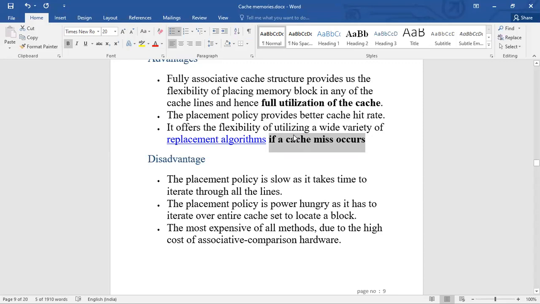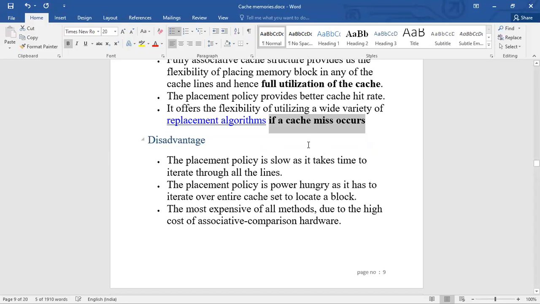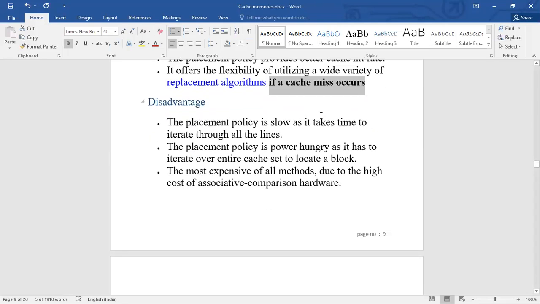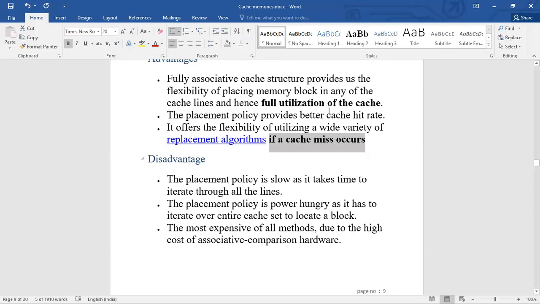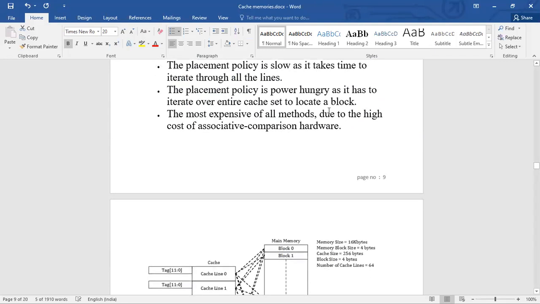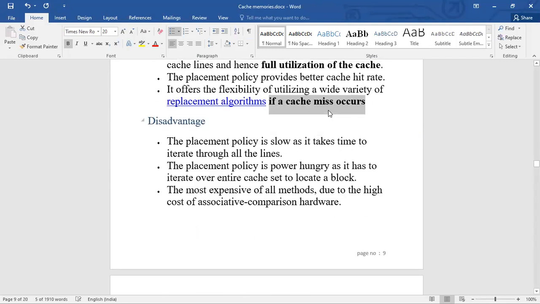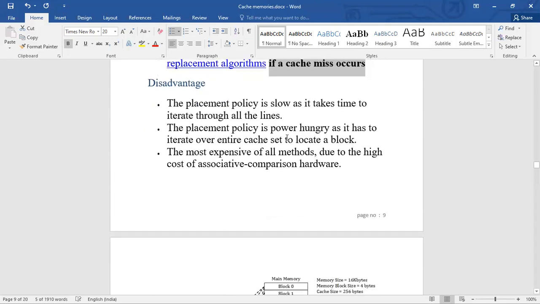So what happens? A cache miss occurs. In the previous class I already discussed what a cache miss, cache hit, cache success and cache failure are. We will also discuss this again in later sections.